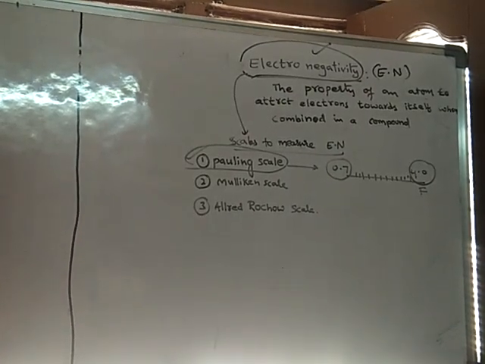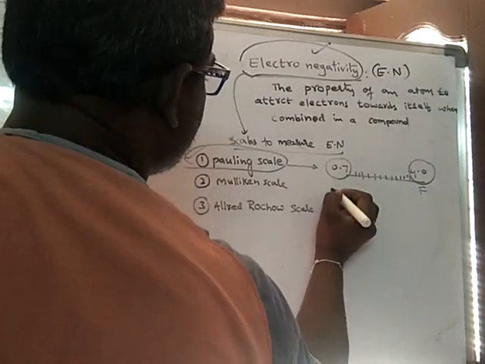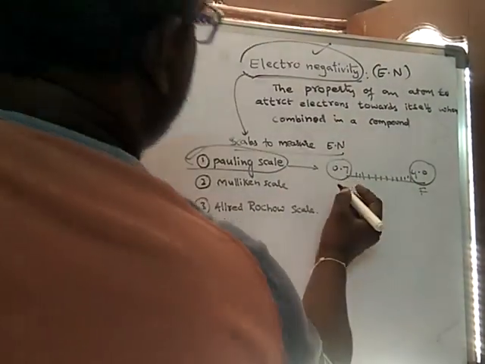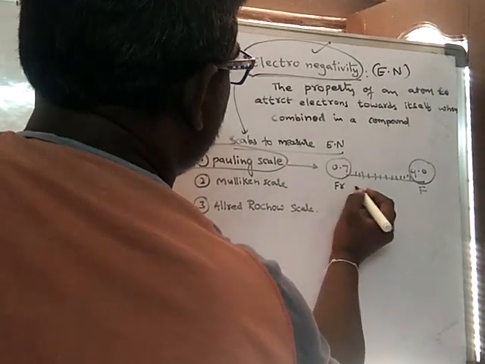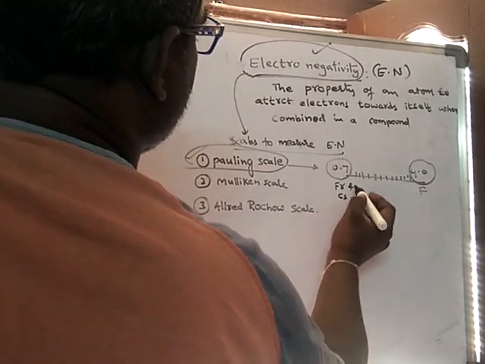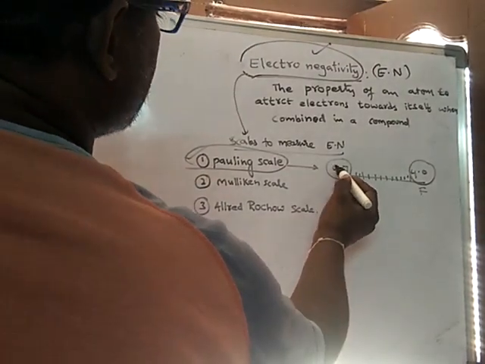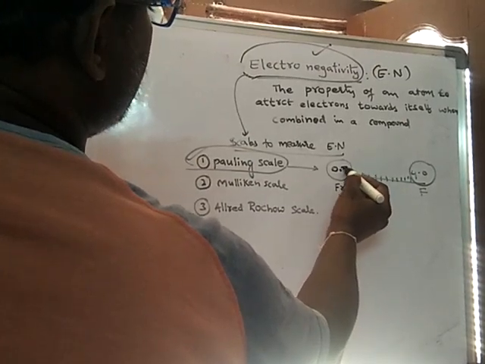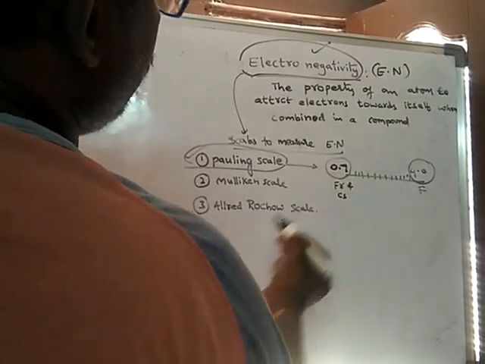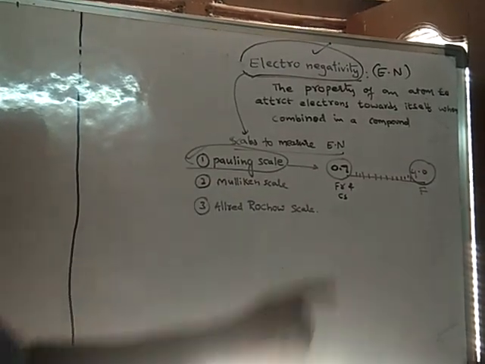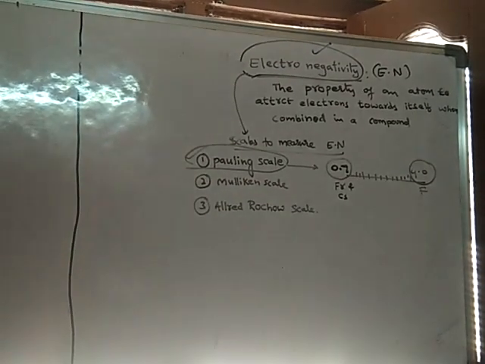The elements francium and cesium both possess the electronegative value of 0.7 only. So this is the minimum electronegative value on the Pauling scale, and the maximum is 4.0.